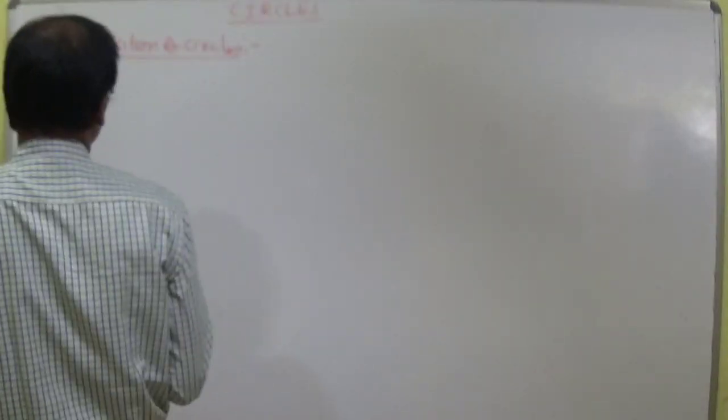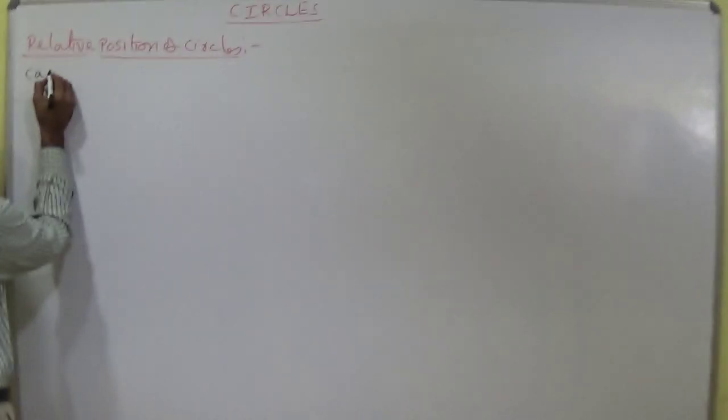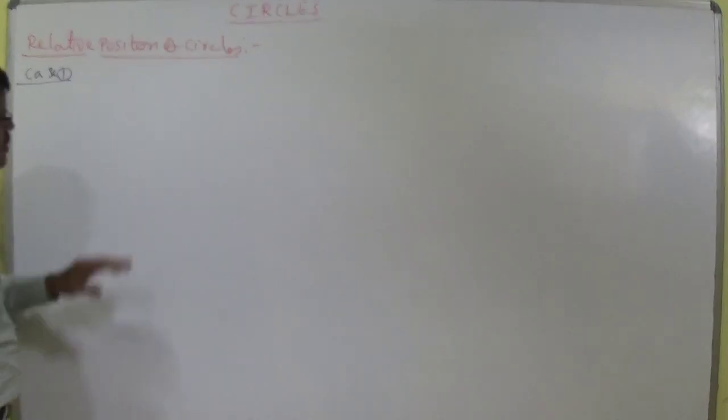To get the relative position of circles, total 5 cases are there. Let us write case 1. Detailed picture we need. Case 1.